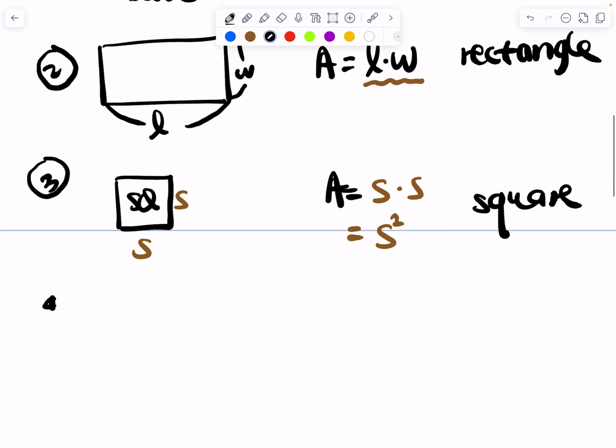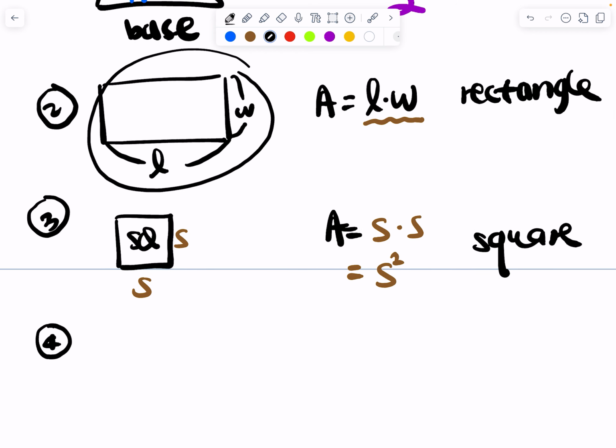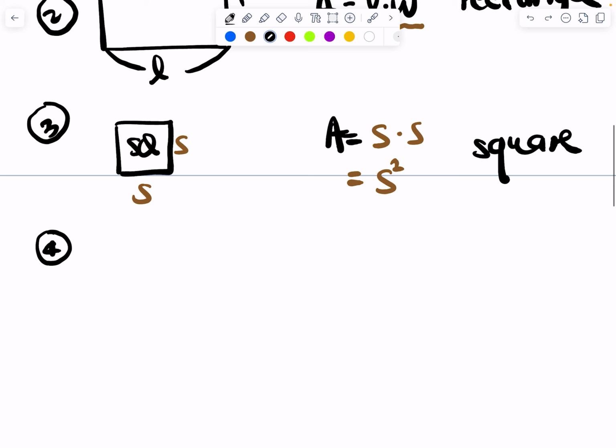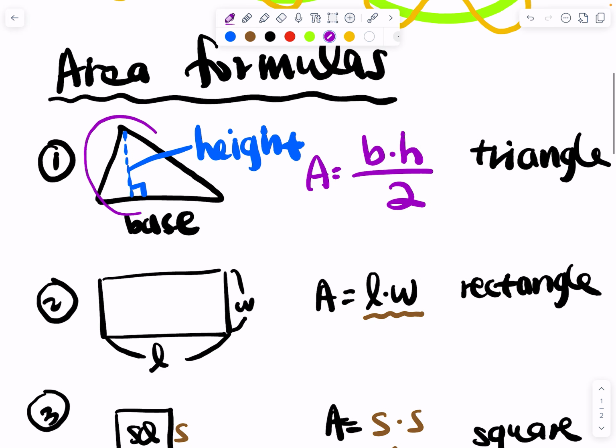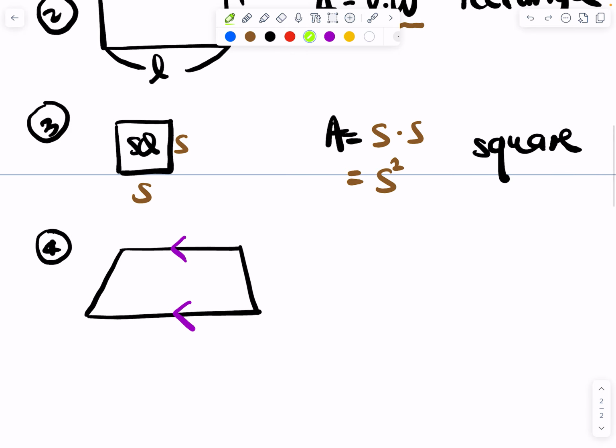Number 4. Guess what else we had? A rectangle is a quadrilateral. Square also is a quadrilateral. We had one more member of the quadrilaterals, which is the trapezoid. Trapezoid has a pair of opposite parallel sides. Again, just like the triangle, I better give you a height, which is inside here.